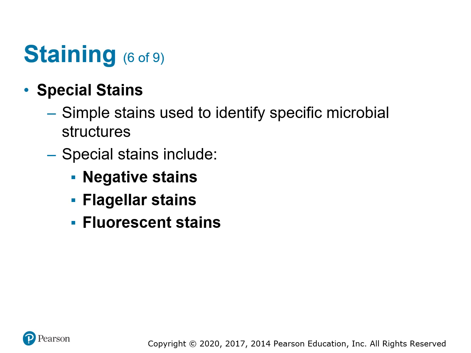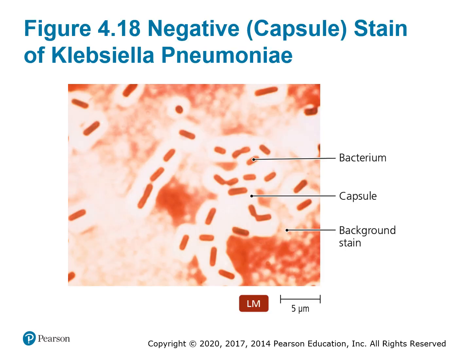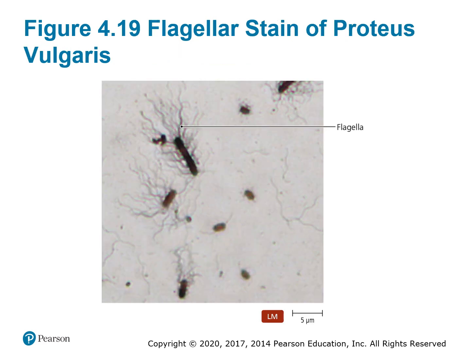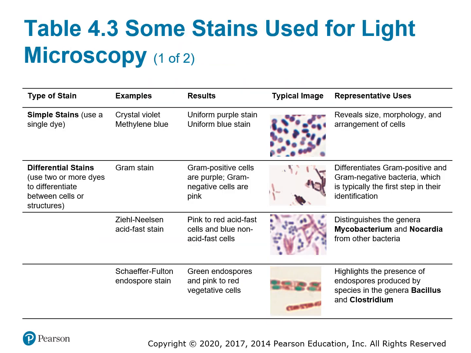Typically you have things like paranosinylene, which is going to use a mordant to bind to the flagella. As they bind to that, they're also going to increase the diameter of the flagella, allowing us to visualize them, again, because they're typically really, really thin. So you can see that negative stain, or the capsule stain, and then here you can see the flagella visualized.